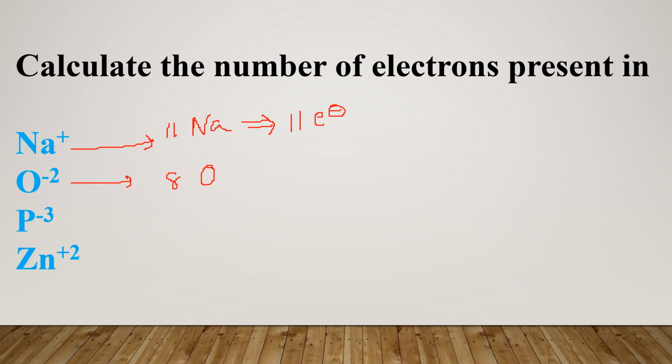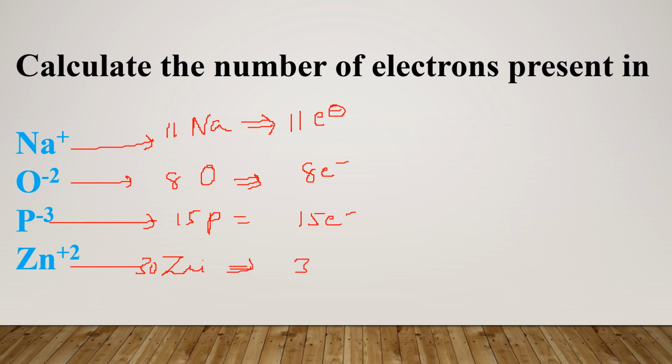Oxygen atomic number is 8, so it contains 8 electrons. Then phosphorus is 15, so it contains 15 electrons. Then zinc, atomic number 30, so we can call it 30 electrons are present.